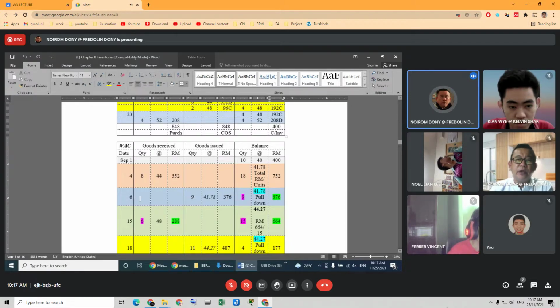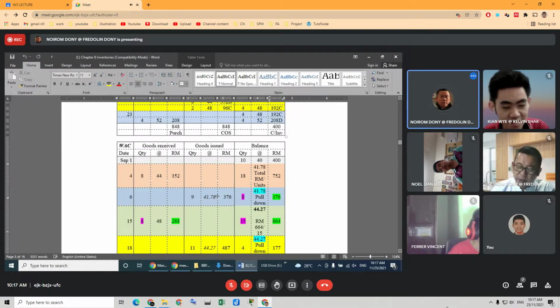You just immediately record it in the issued column, 9 units, and use the average cost that we have calculated, 41.78. So this one you must times lah. 9 times 41.78.